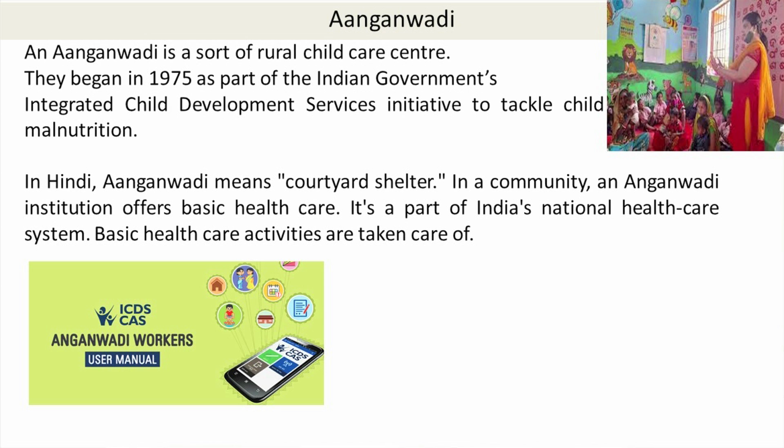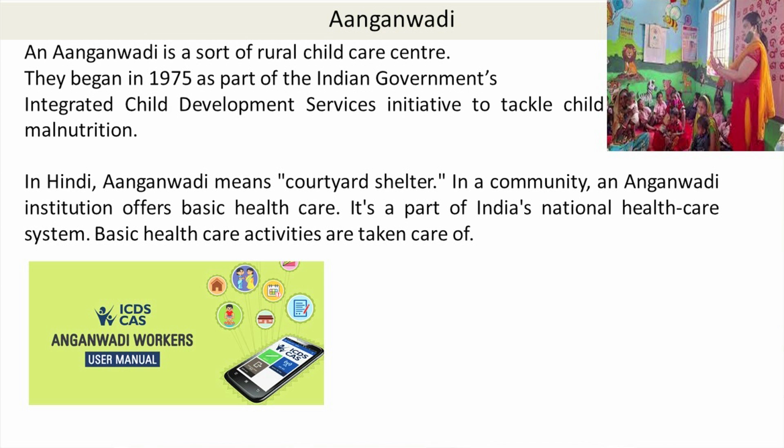Moving to the second type of worker, we have finished with the ASHA worker. Next are Anganwadi workers. As you can see in the picture, there is a lady here and there are children here, and she is trying to teach them and entertain them. Anganwadi comes from the Hindi word meaning courtyard shelter.